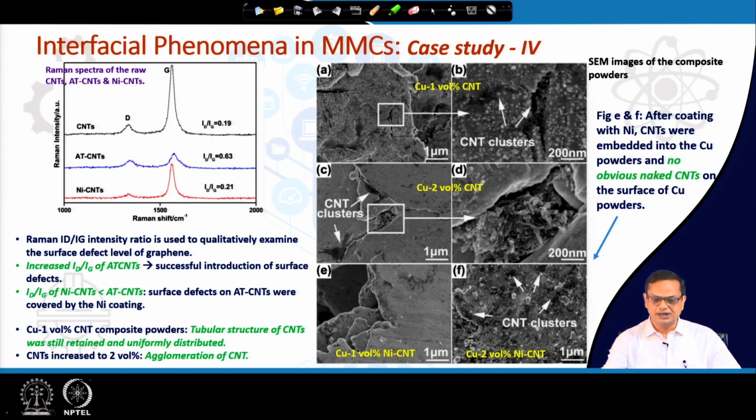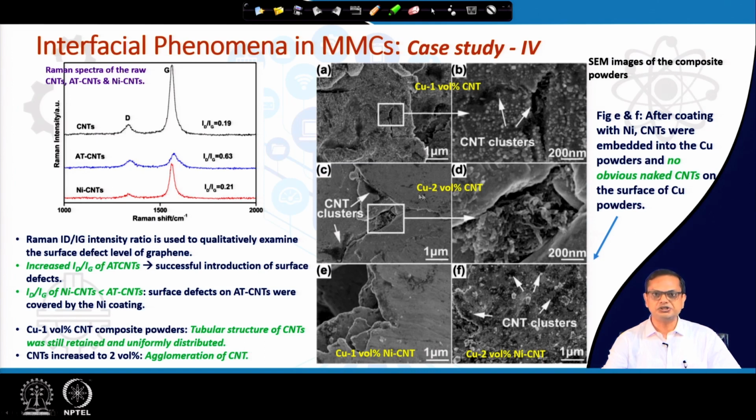The first 2 images are for 1 volume percent CNT, and the next 2 images, C and D, are for 2 volume percent CNT. Okay. And then I will come to the second, third, fourth, fifth and sixth later.